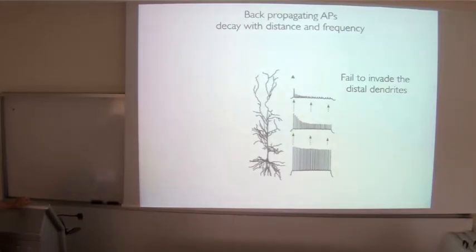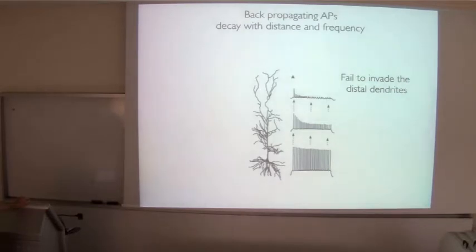But if you activate, how do you call this fiber that comes into this area? The Schaffer collaterals. If you activate them, then these dendrites will be depolarized, and then suddenly these spikes will become much bigger and will be able to invade the apical dendrite.